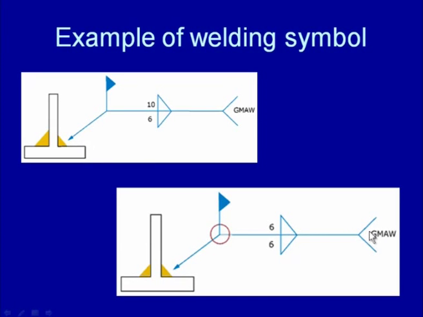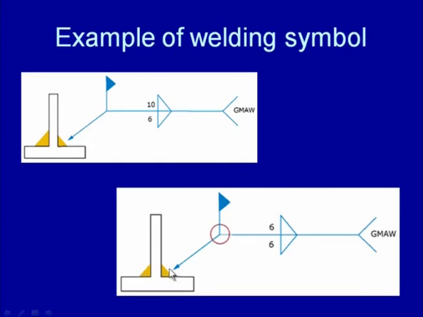At the tail it again shows that gas metal arc welding is to be used, while the right angle triangles both above and below the reference line, of equal size 6, show that the fillet weld of equal size of 6 mm throat thickness is to be made on both sides for developing this T joint. This weld will run throughout the length, as represented by the circle, meaning an all around weld is to be made, and this flag suggests that this weld is to be developed in the field.